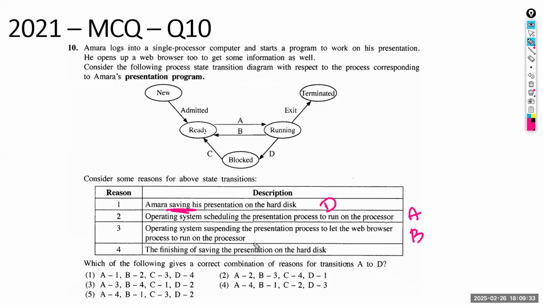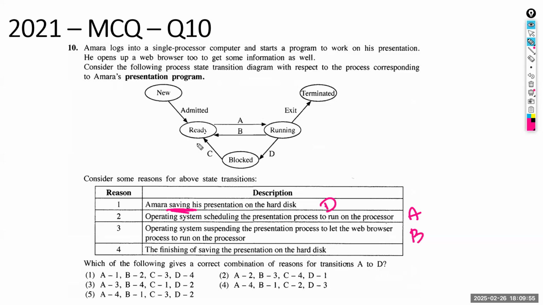The finishing of saving the presentation on the hard disk. So the saving has finished, which means the input output operation is now done. Now it should be back to ready for running because the block situation is over. Remember, either user interactions, file interactions, or any other input output interactions like the printer.